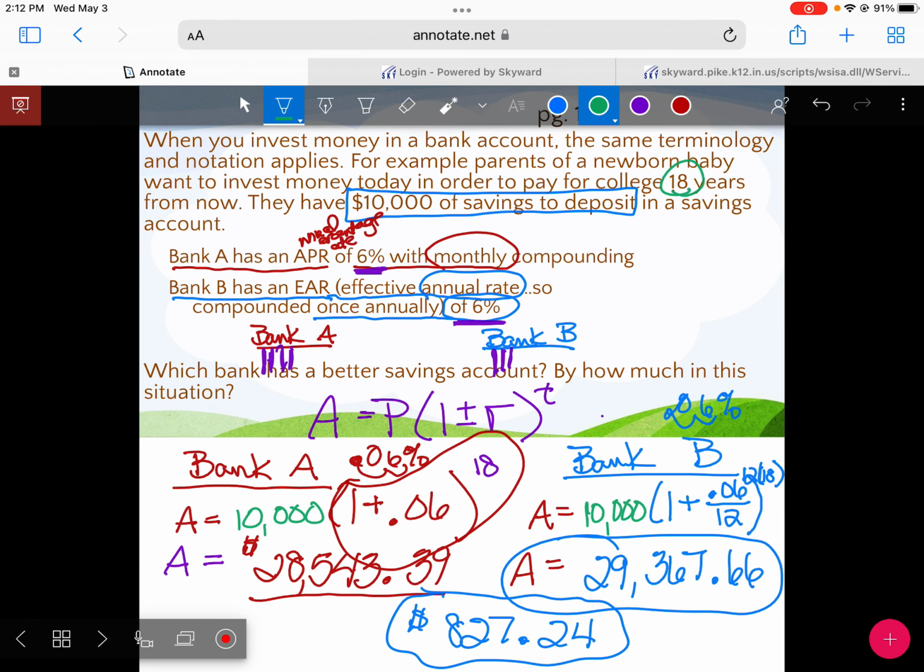So according to this, Bank B, compounding annually, was better. That seems odd. Let me look in my cheat sheet book. Make sure we didn't make a mistake. Let's see.